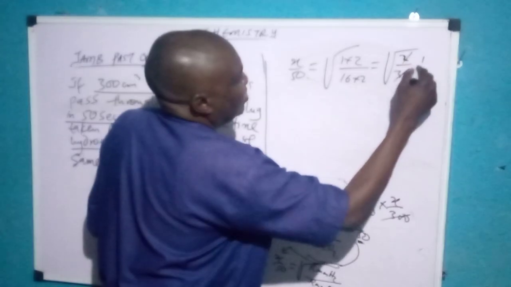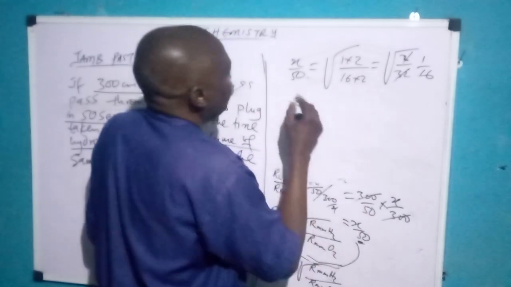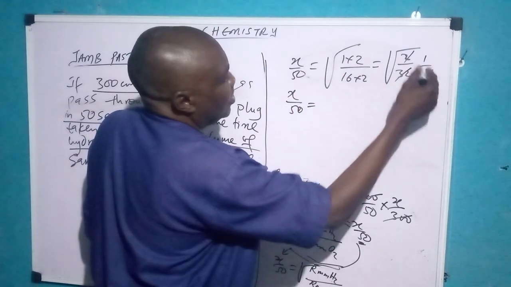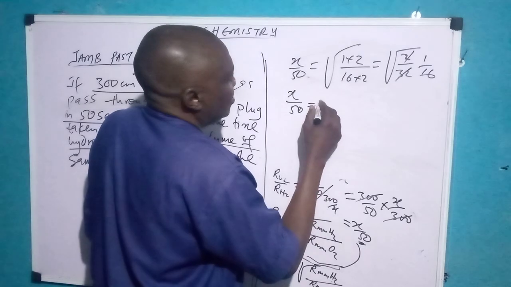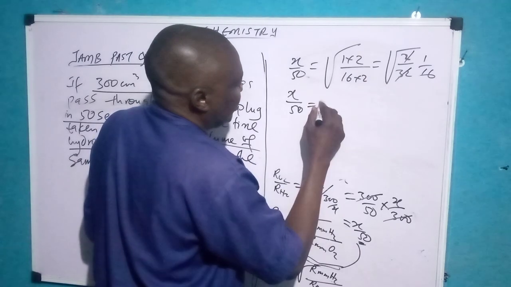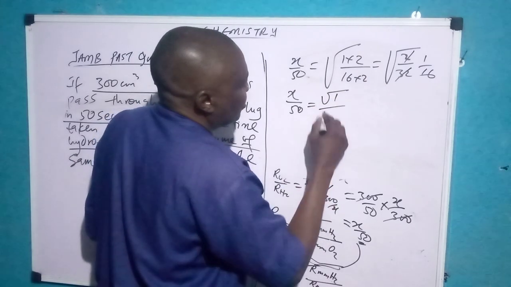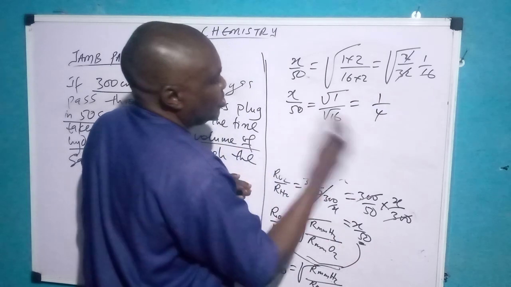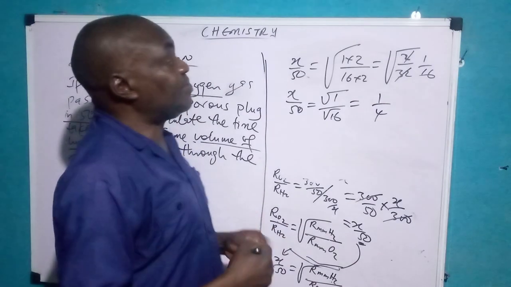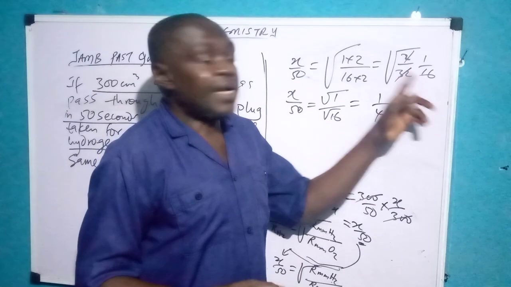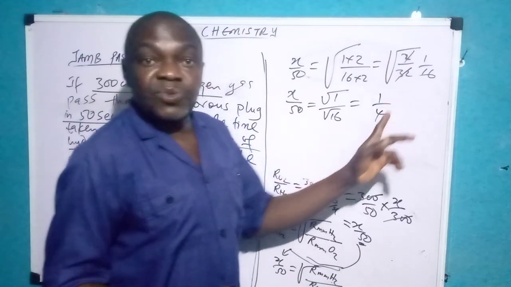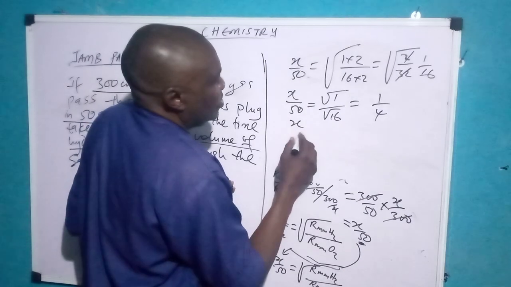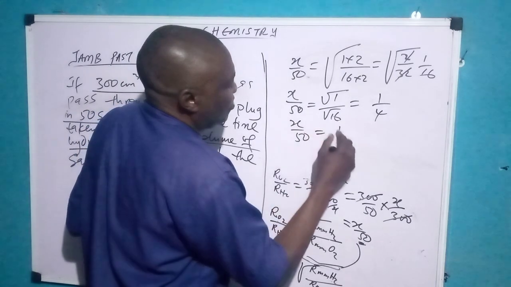You cancel here, 1 over 16. So X over 50 equals the square root of 1 over 16. If we share the square root, it is square root of 1 over square root of 16. This one is 1, this one is 4. There are many ways you can do it. You can divide 1 by 16, then later find the square root. But this is how I want to do ours. So you have X over 50 equals 1 over 4.